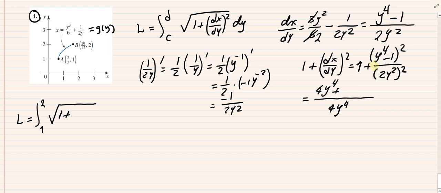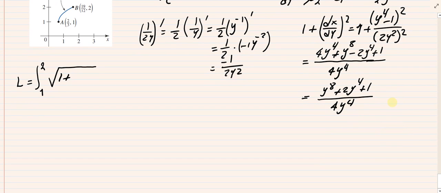Plus, let's square the binomial y to the 4th minus 1. When I square the binomial, I get y to the 8th minus 2y to the 4th plus 1. Then I can write this as y to the 8th, combining like terms: 4y to the 4th minus 2y to the 4th is positive 2y to the 4th, plus 1, divided by 4y to the 4th.